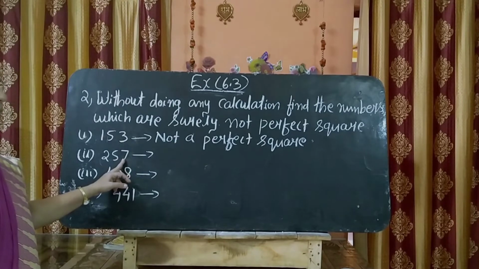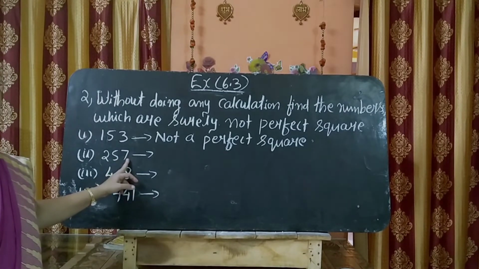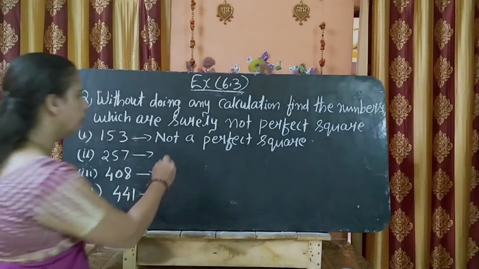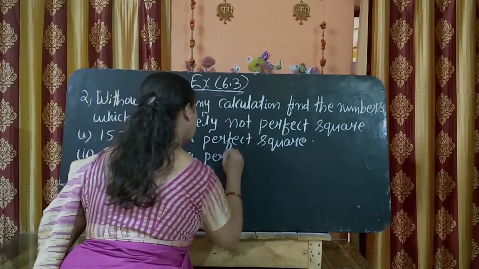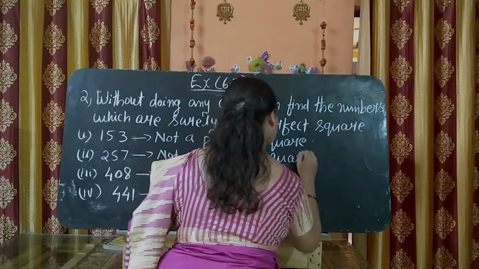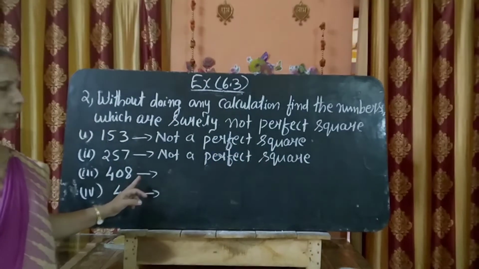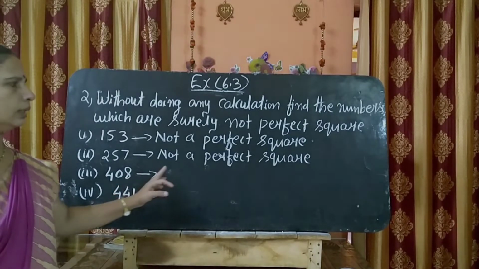Unit place is 7. This is also not a perfect square because unit place is 7. Next question is 408. Here unit place is 8. So this is not a perfect square.